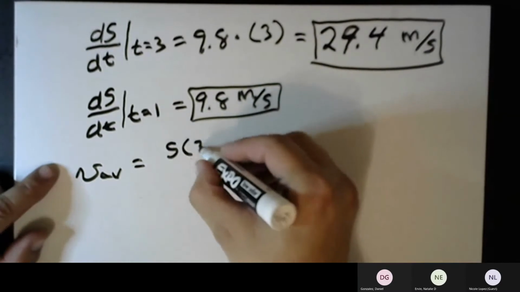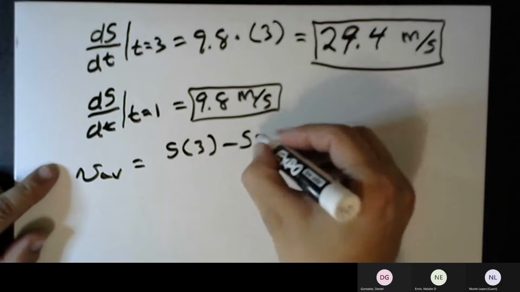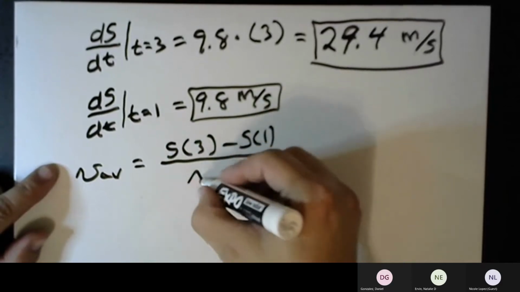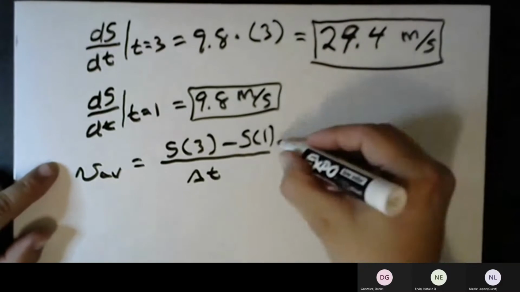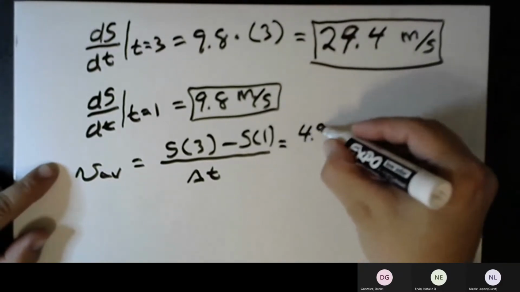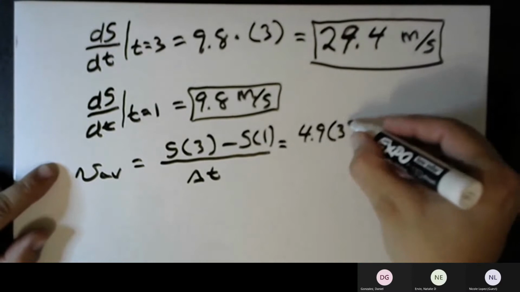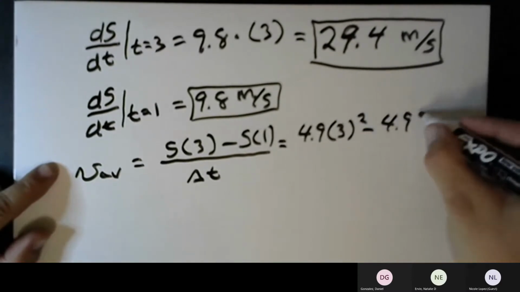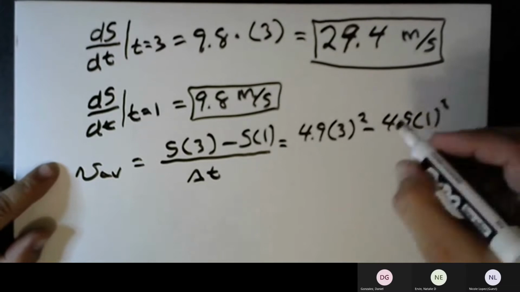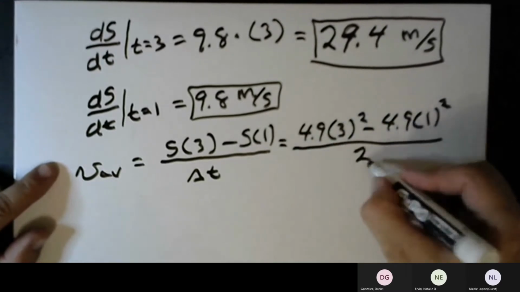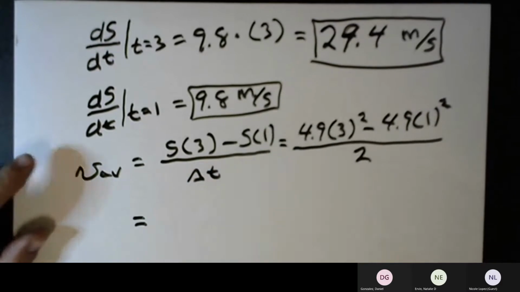So it's s of 3 minus s of 1 over delta t. And then that would be 4.9 times 3 squared minus 4.9 times 1 squared. And then we need to divide by 2, our delta t. I forgot to do that.